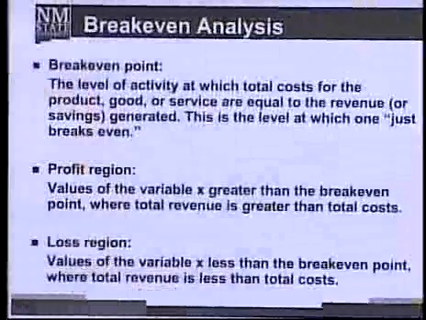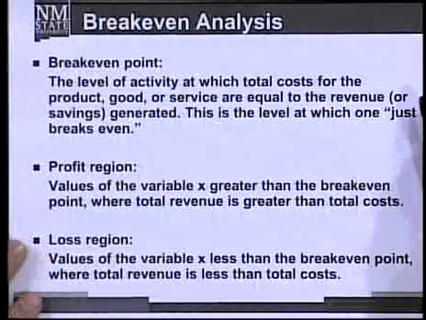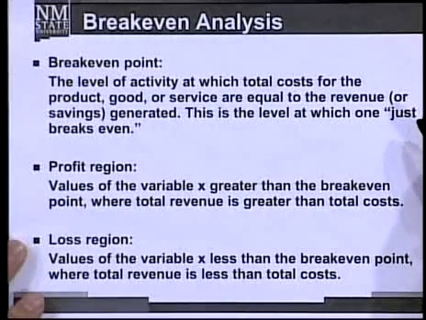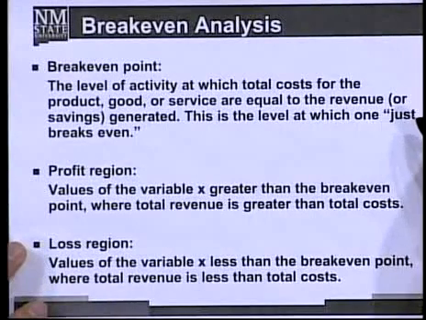And both fixed and variable costs are used to find a break-even point between costs and revenues, as well as the net profit region and loss region. So like it says here, break-even point is the level of activity at which total cost for the product, good, or service is equal to the revenue generated.